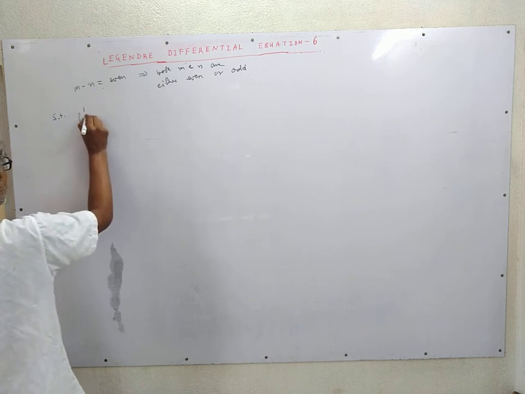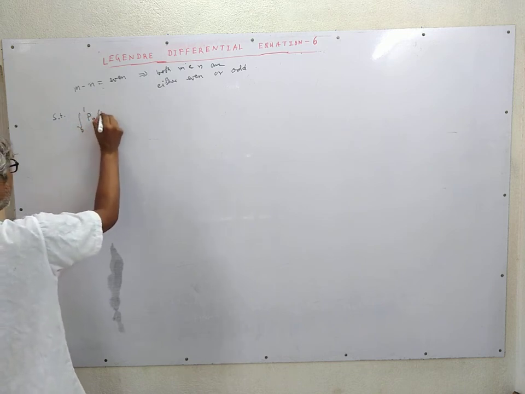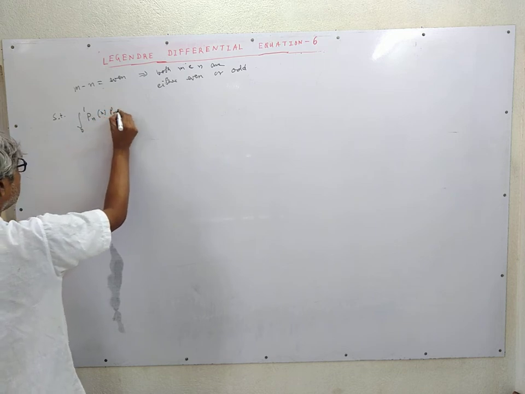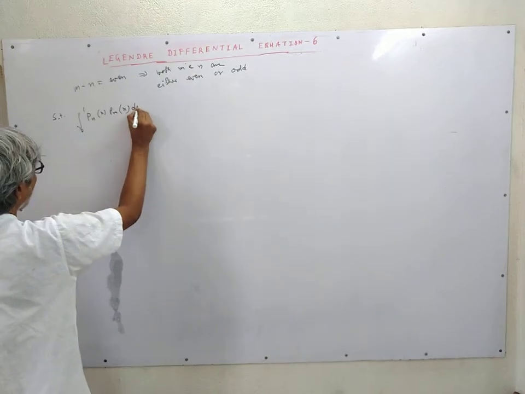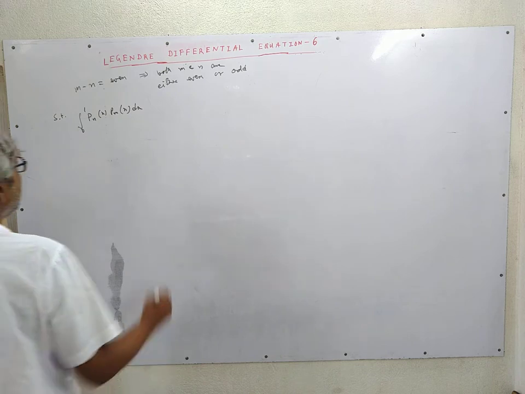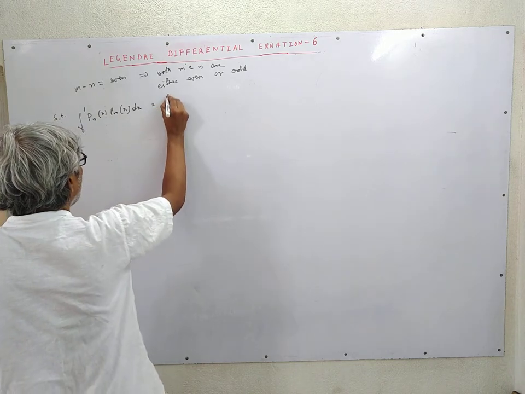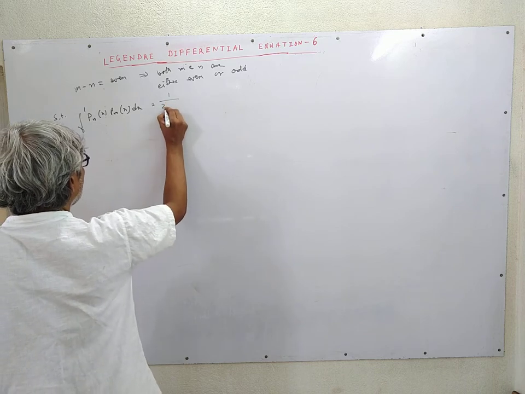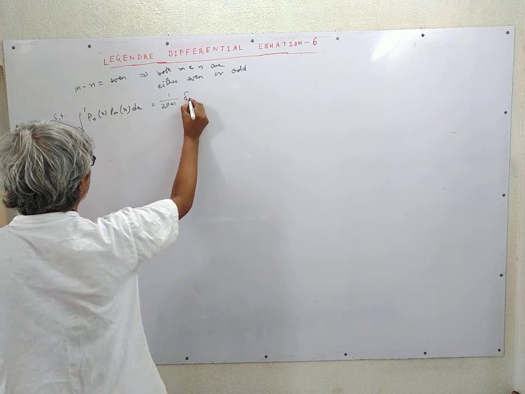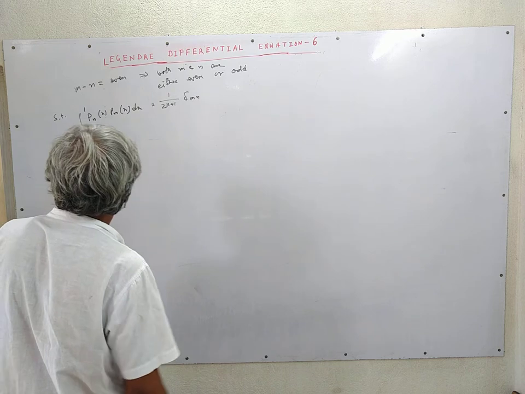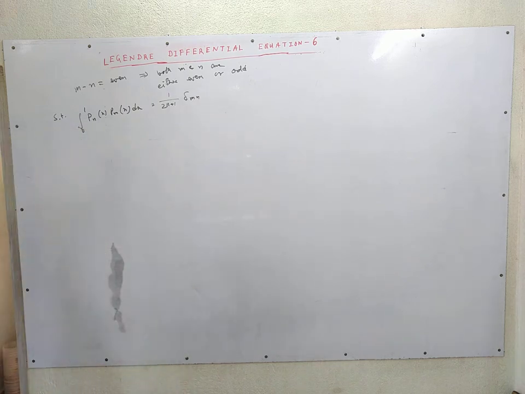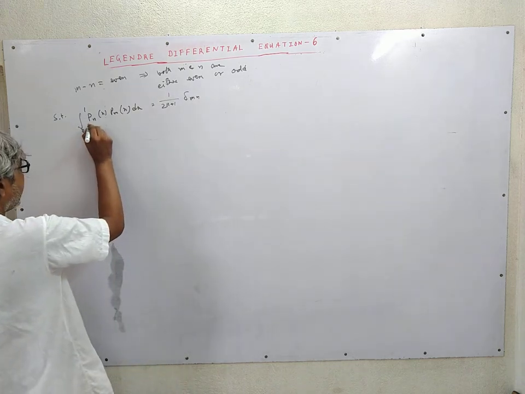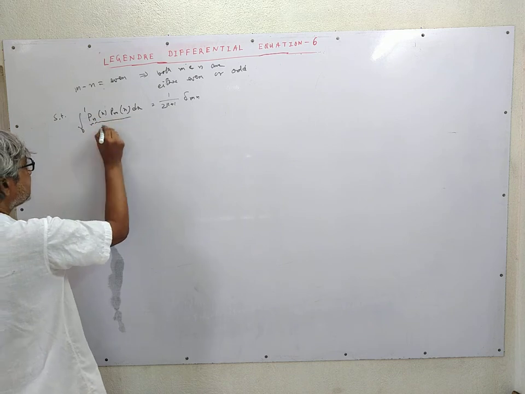Then the integration from 0 to 1 of Pn(x) Pm(x) dx is equal to 1 upon 2n plus 1 delta mn. Since both m and n are either even or odd, this integrand is even.